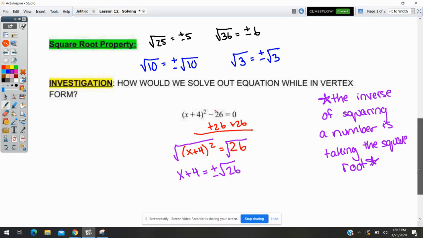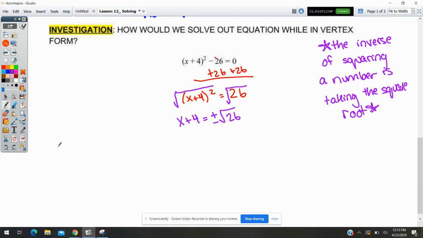There's one more step to getting x by itself, and that is to move this positive 4 over to the other side. Since it's positive 4, we're going to subtract it on both sides.